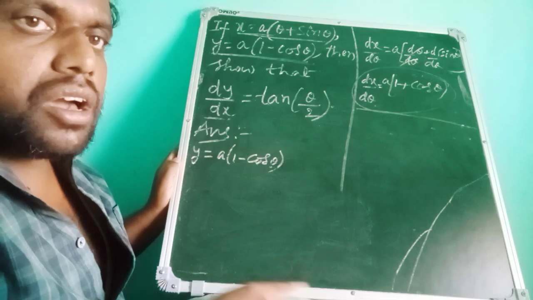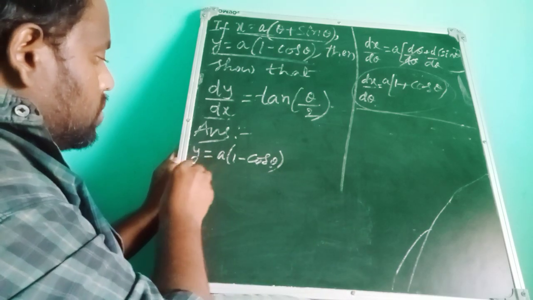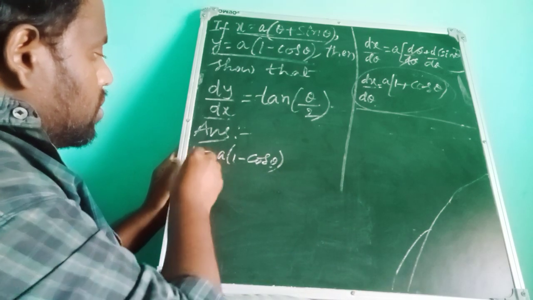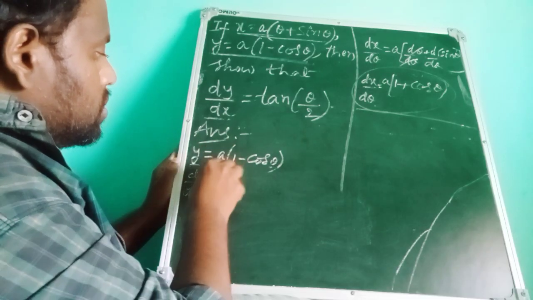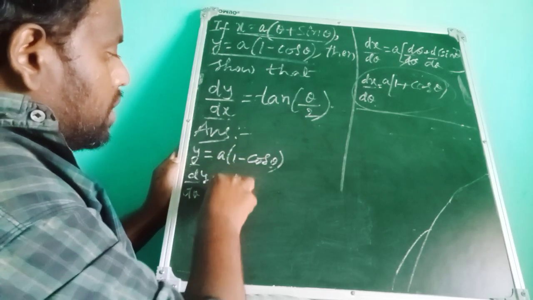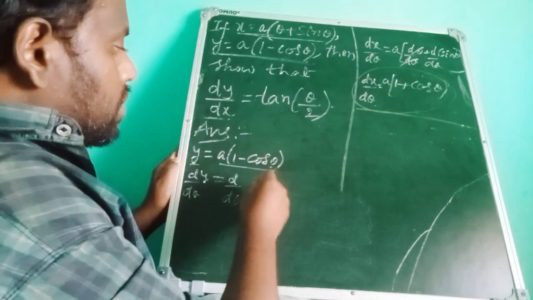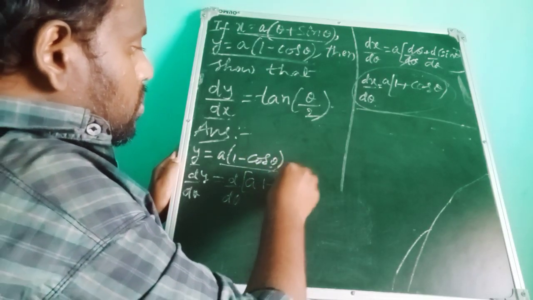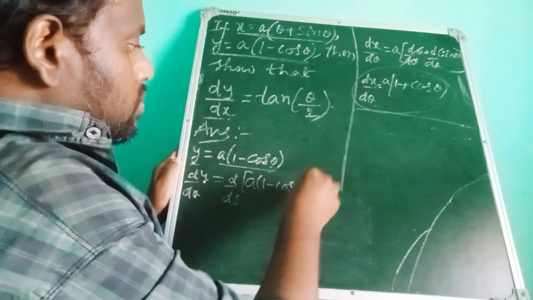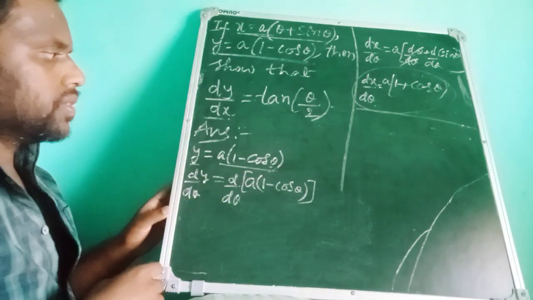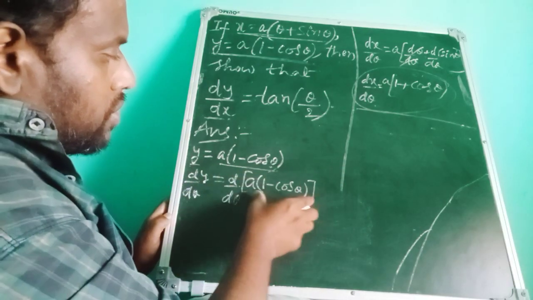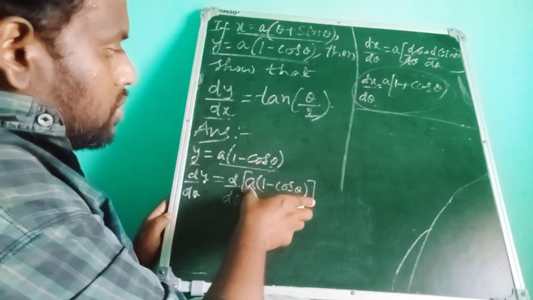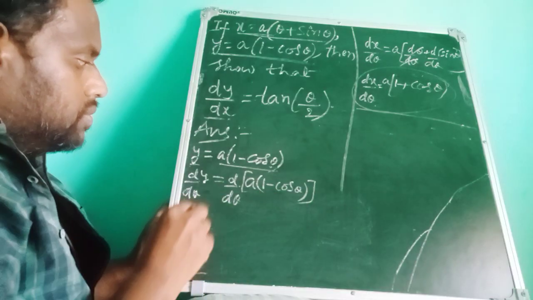Take d by d theta on both sides. So d by d theta of y is equal to d by d theta of this entire thing, a into 1 minus cos theta. You have to put bracket, d by d theta of this thing.